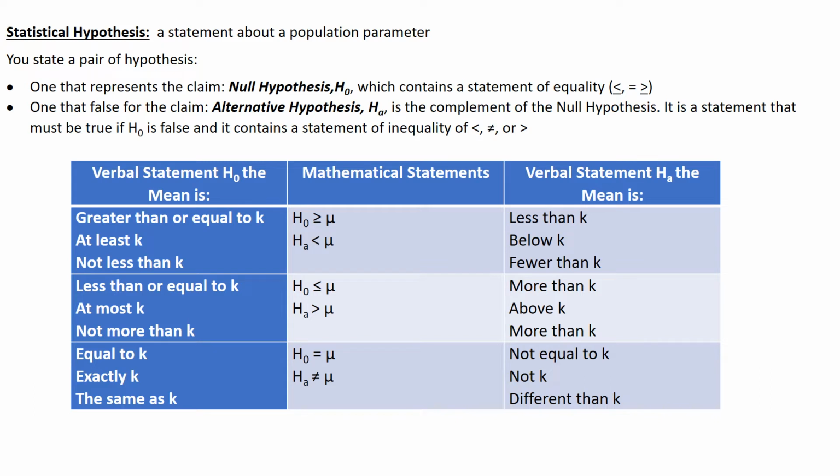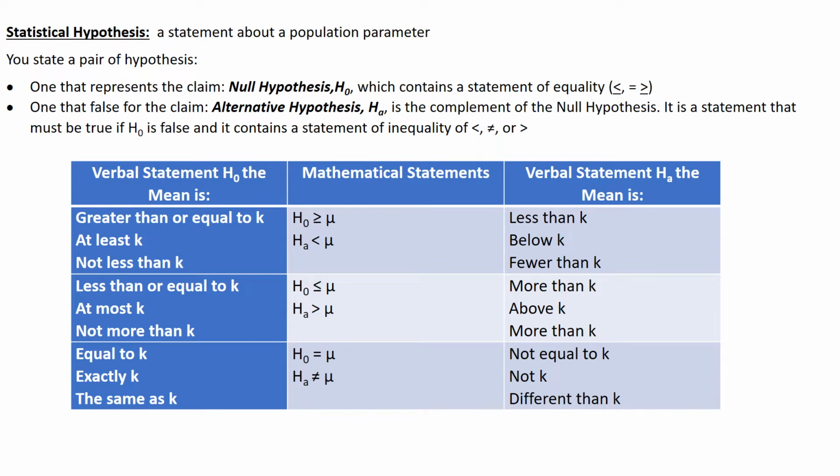Now, when we do a hypothesis test, we have 2 variations. We have the null hypothesis, and this is where we accept the claim that's being made. And this has the equality statement. It either has a greater than or equal to, a less than or equal to, or an equal to. And you see H sub 0, that is the null hypothesis. 0 is their name for null.